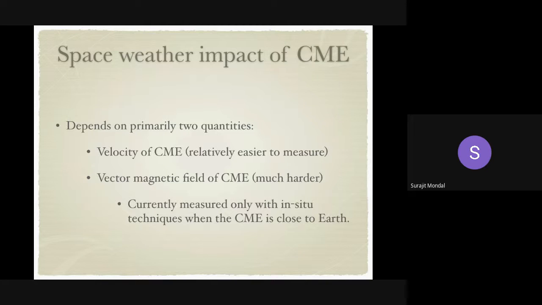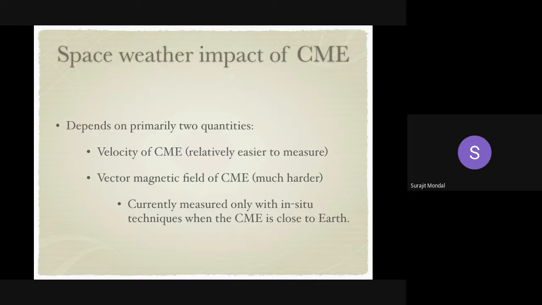However, I mentioned earlier that the extent to which the Earth will get affected by a CME also depends on the magnetic field. If the magnetic field directions are opposite to each other, of that of the CME and that of the Earth, then reconnection can happen, which will cause severe damage to the satellites.